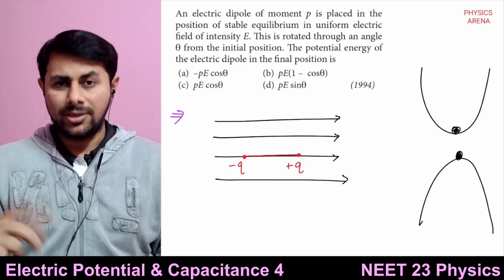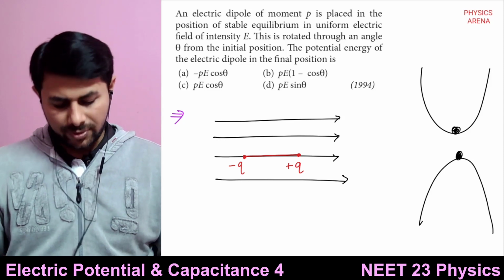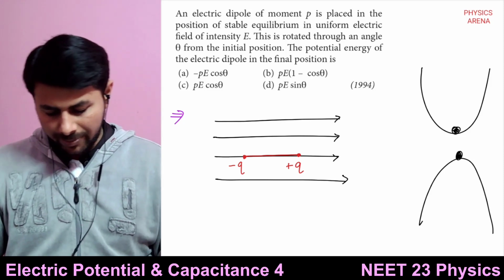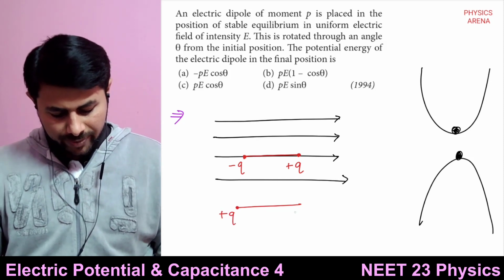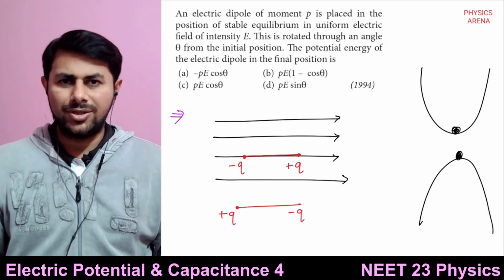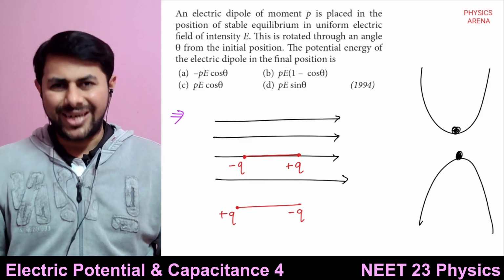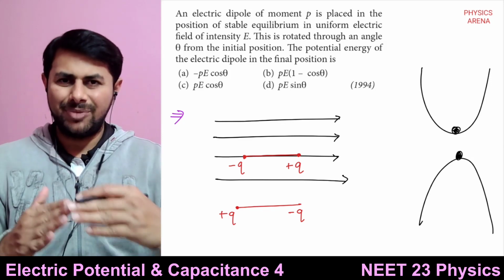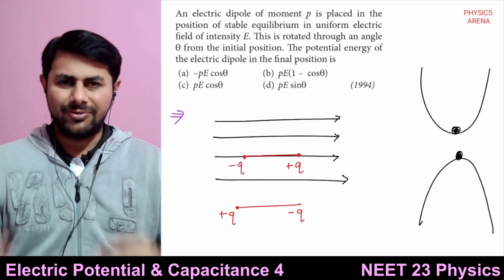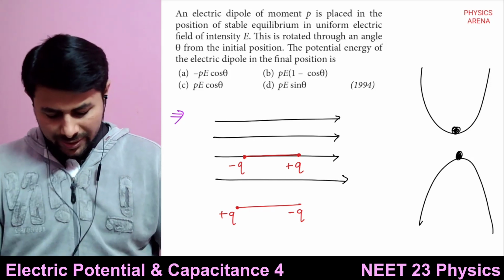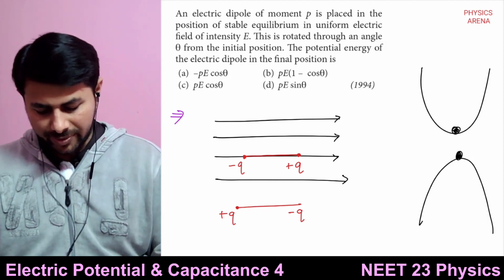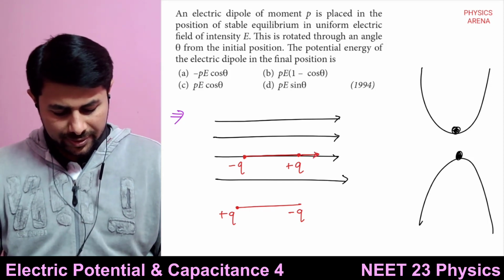And what is unstable equilibrium? If you keep the dipole like this, plus q, minus q, still there is no force acting on it, no torque acting on it. But if you rotate it a little bit, then there will be torque due to the electric field, which will align it in the direction of electric field, right?